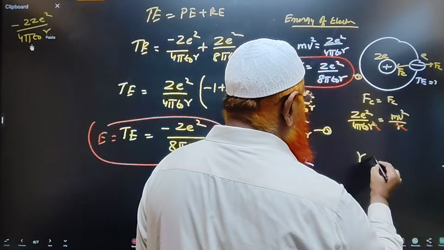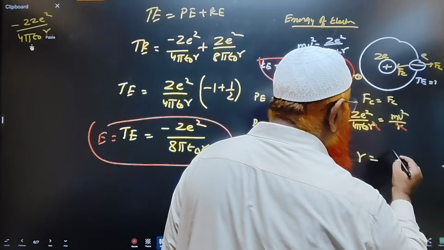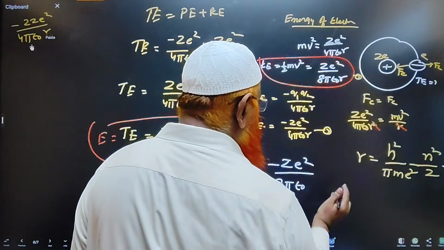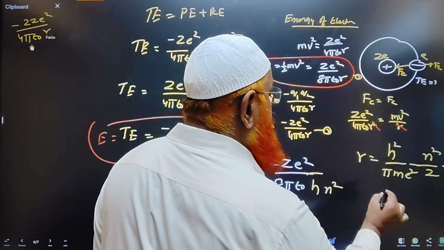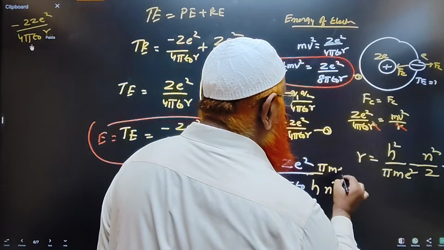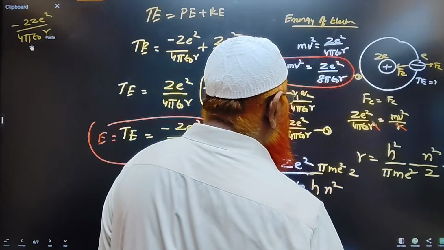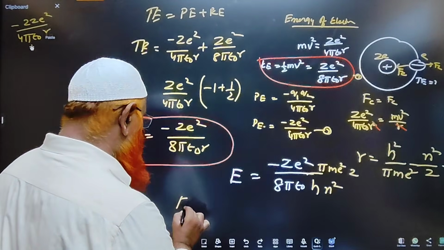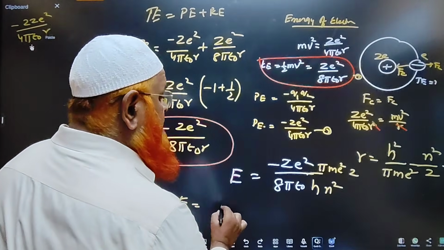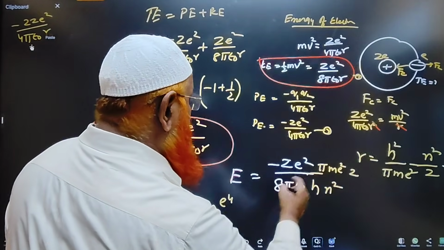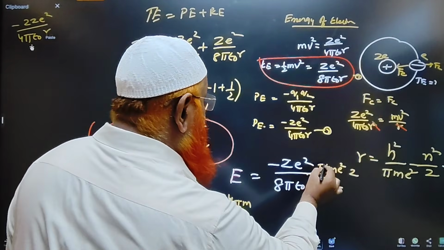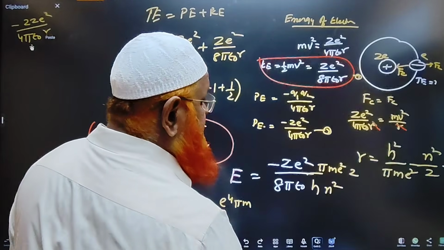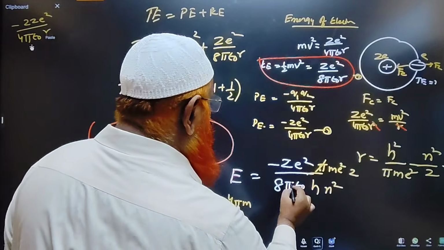What is there in the place of R? We have to put that in place of R. So what do you get now? h n square in the denominator, then pi m e square Z in the numerator. So what is the formula for energy now? Here e power 4 pi m. Can I cancel this pi now? Pi can cancel out.